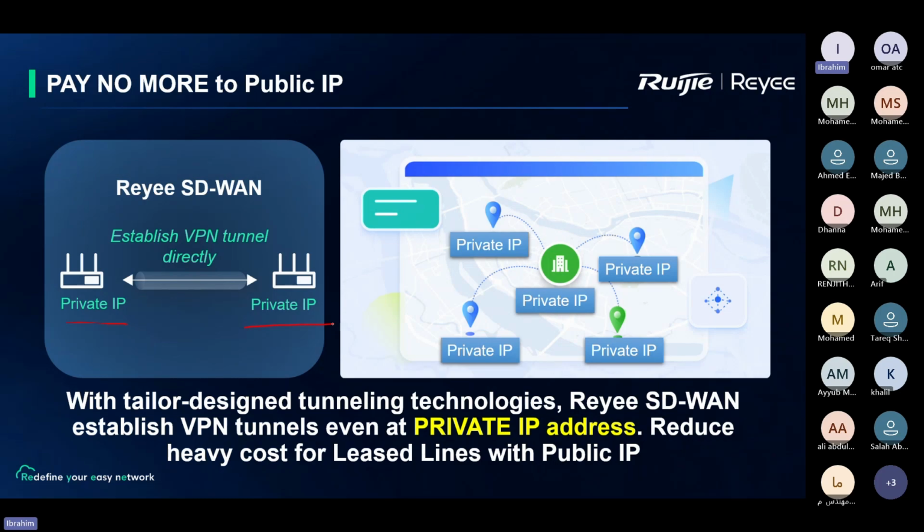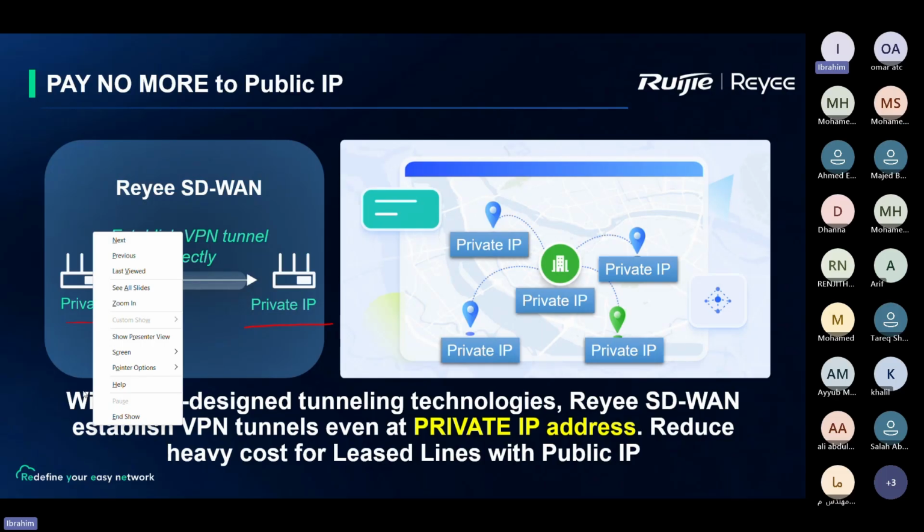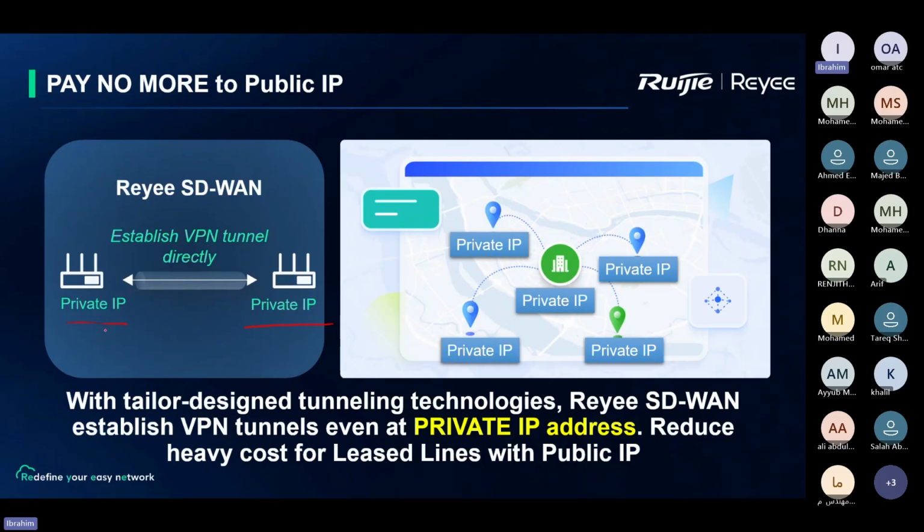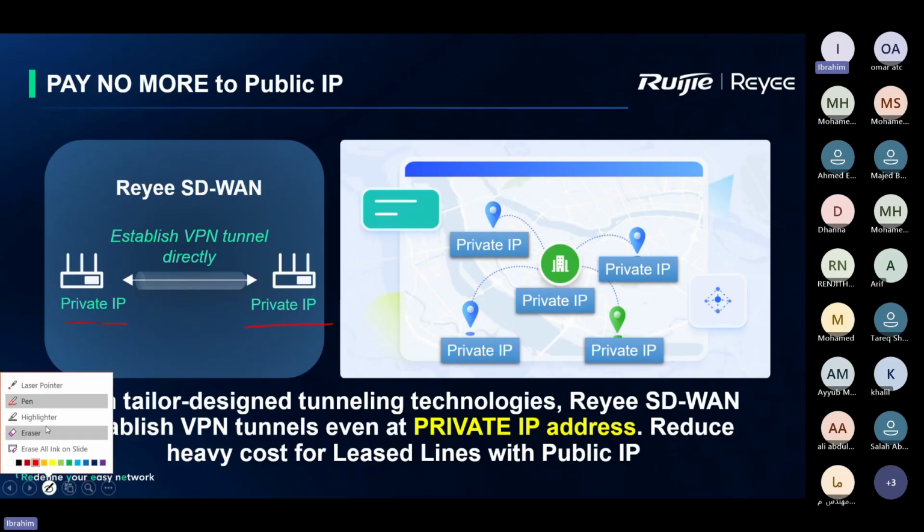There is no need to purchase an expensive public IP or leased line, because many customers, to initiate the VPN connection, must have at least one branch that is giving a public IP. So this is now solved with SD-WAN, so you can connect branches together with no need for a public IP.